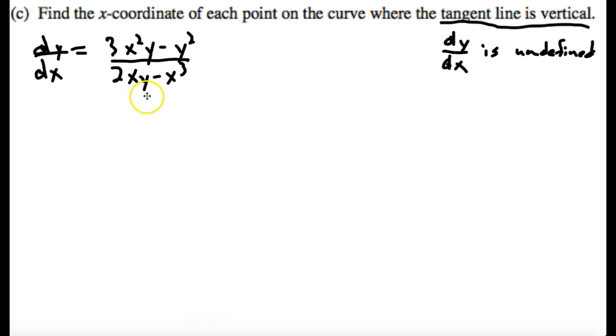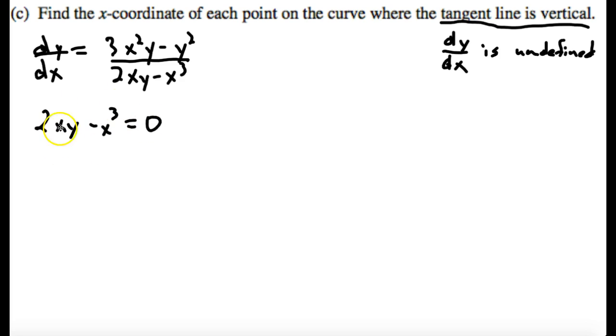I want to make this undefined. Well, to do that, I need to think about where the denominator is equal to 0. Right? That's what's going to make something undefined. So all I'm going to do is set that denominator equal to 0. Right? That's what will make dy/dx undefined, and hence the tangent line vertical.